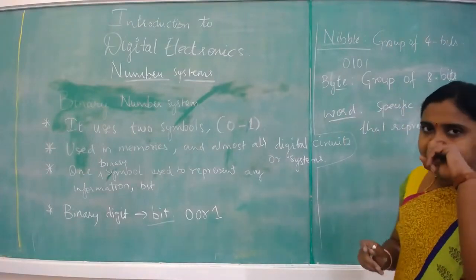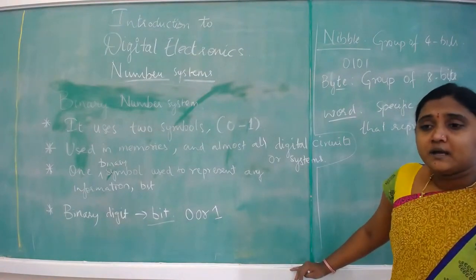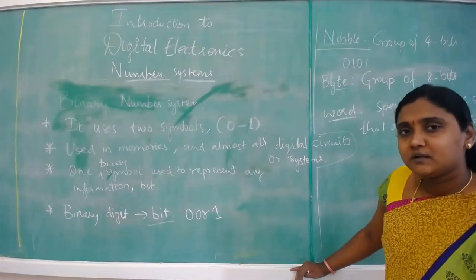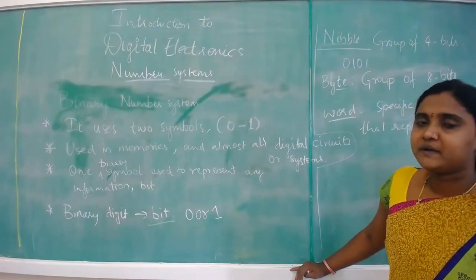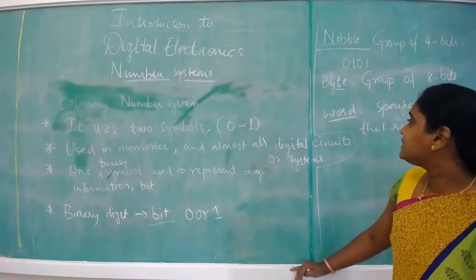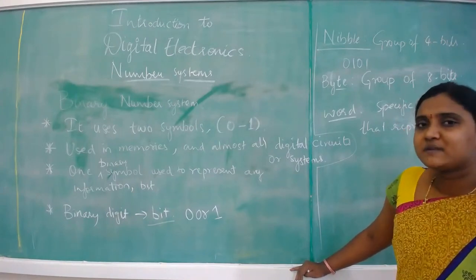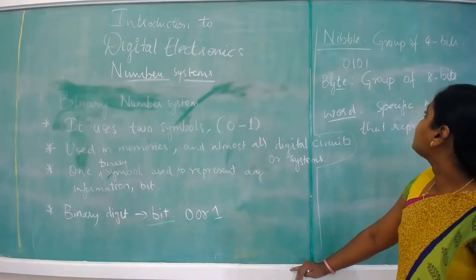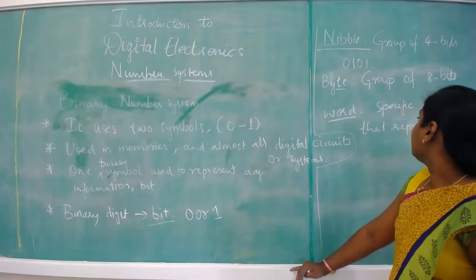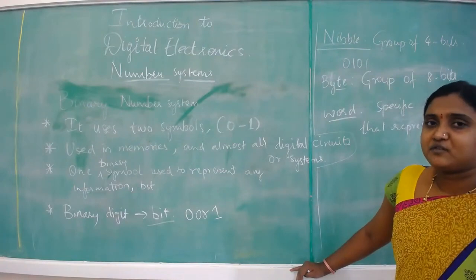It can be of any length. It depends on the system. If a system operates on 32 bits, then that will be the word representation for that particular system. If a system works on 64 bits, then that will be the word length of that particular system. So word is not having any specific number representation. The number of bits is not specific in terms of word. It is the number of symbols that is used to represent some information.